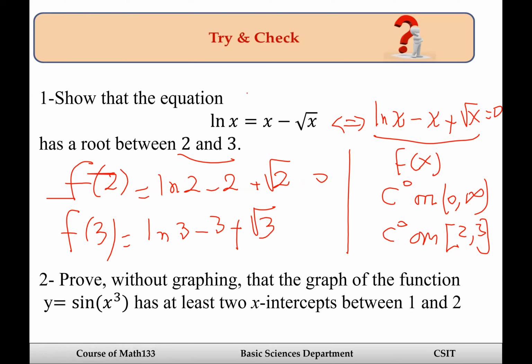Okay, so we just find the sign of these two quantities. With a calculator, f of 3 is approximately 0.1, so this is positive, and f of 2 is minus 0.16 something, so it is negative.